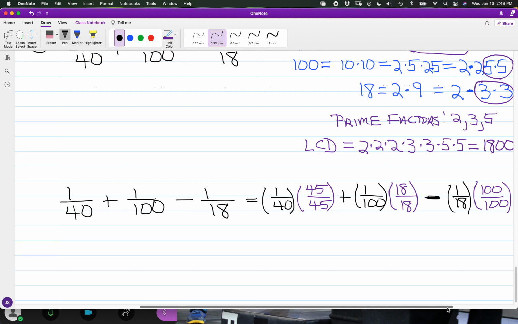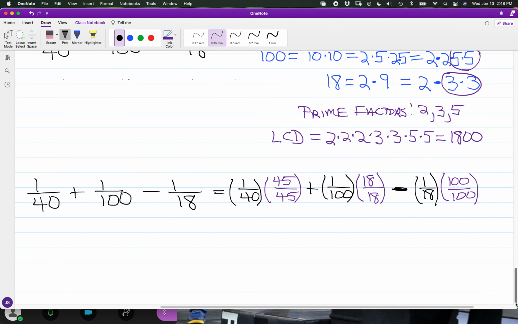Now we're going to have all the fractions adjusted to have the denominator 1800. So the first ratio would be 45 over 1800, plus 18 over 1800, and then minus 100 over 1800.